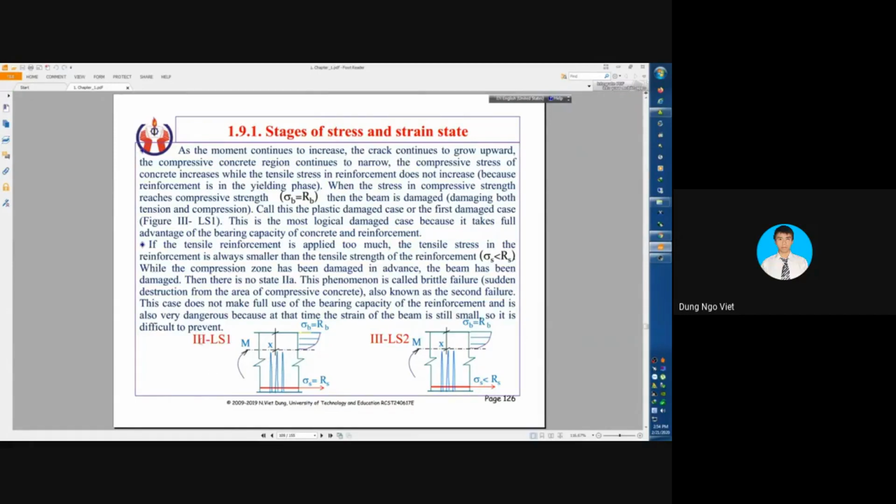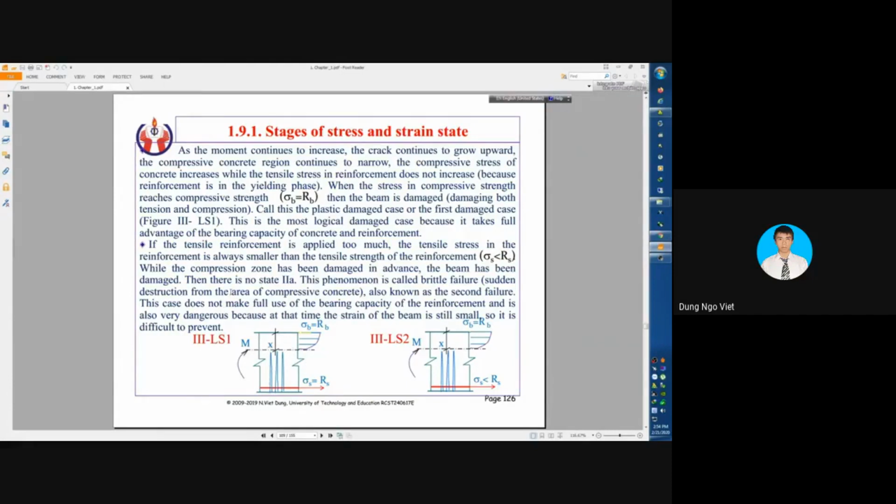This is the most logical damage case because it makes full use of the bearing capacity of concrete and reinforcement.